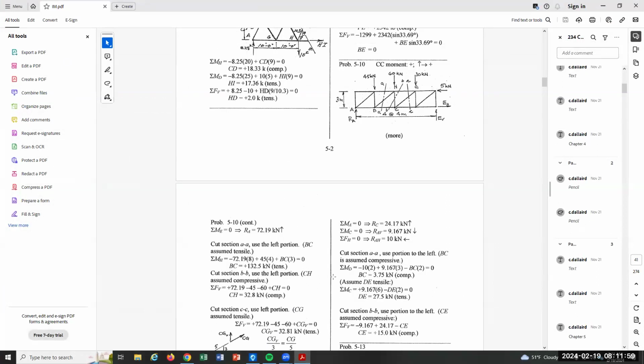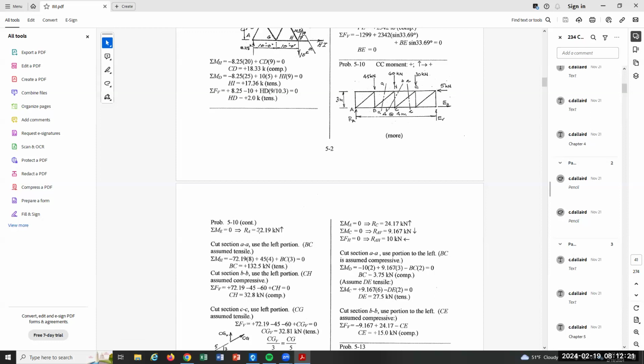This is how the solutions are given to us. Notice they put in RA, EV, EH, horizontal, vertical. Reaction, so they labeled it R. But then they really don't solve it. They just come down here and get to this.